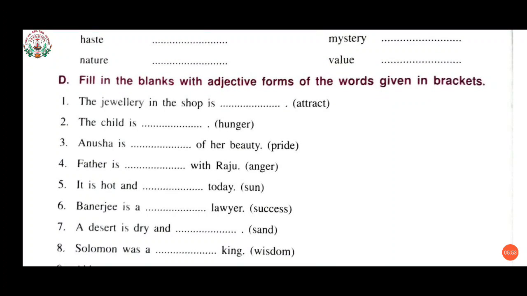See D1. Fill in the blanks with adjective forms of the words given in brackets. The words are given, and you have to fill the blanks with adjective forms. The first word given is attract.